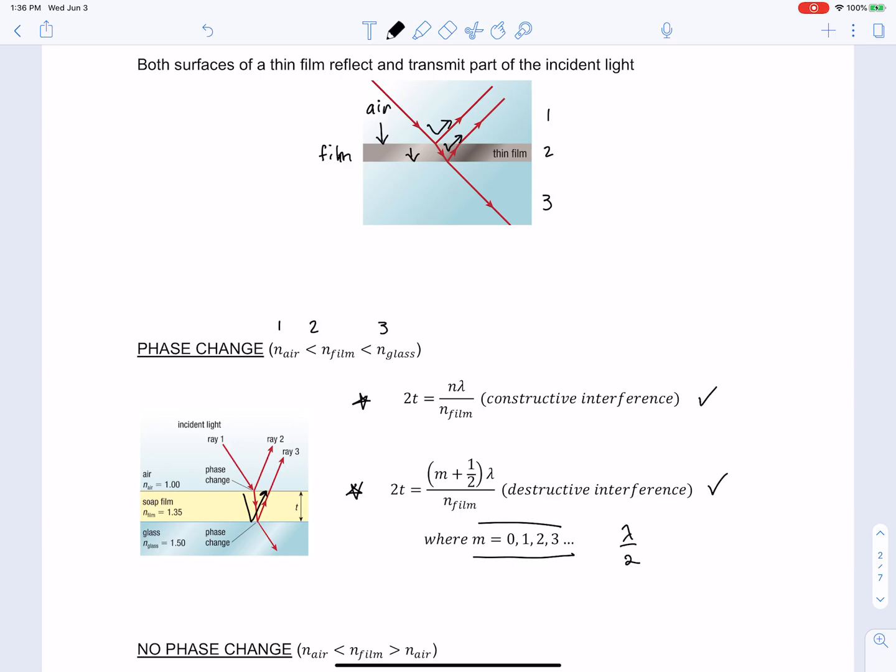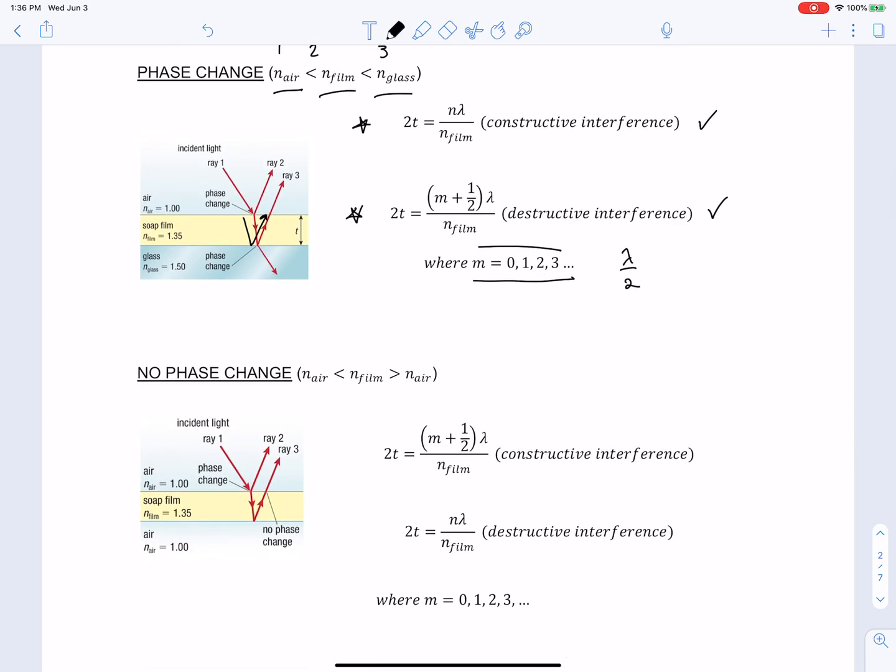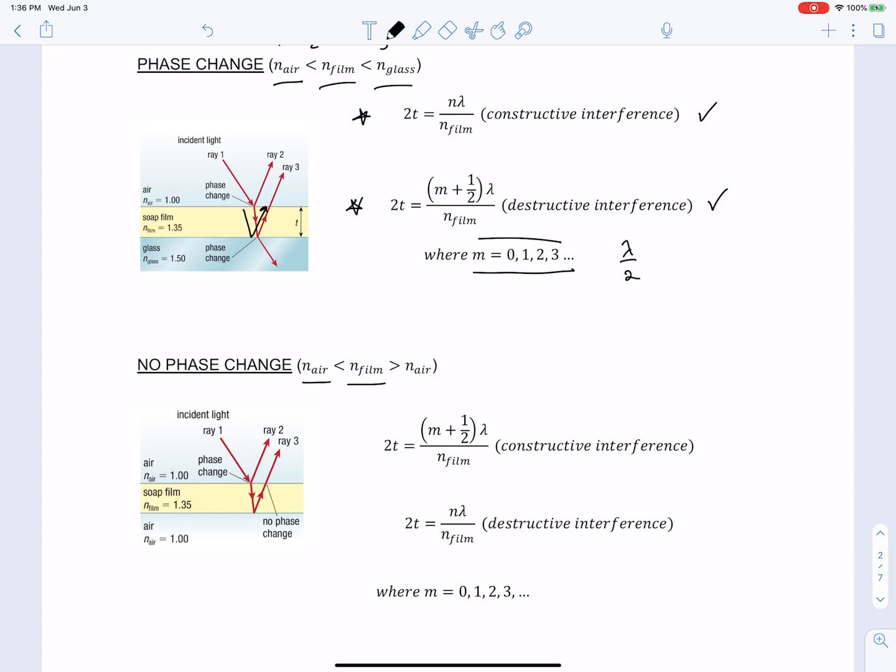So in this situation, when the index of refraction of air, film, and glass are successively larger, one of the emerging waves will come out and cause a phase change. Now we have another situation in which the index of refraction of air is less than the index of refraction of film, but now we've created another interface, so 1, 2, and the third is now less optically dense than the film itself.